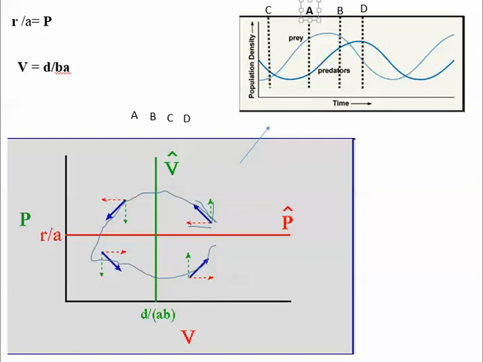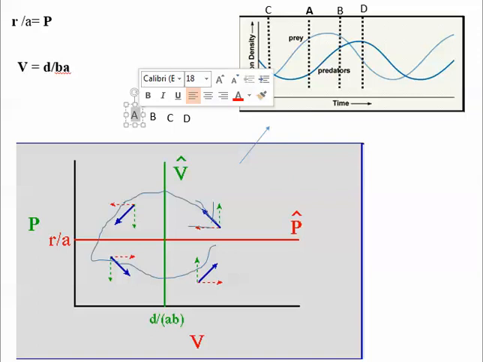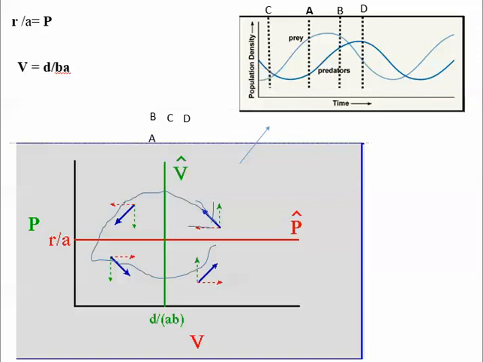In order for predator populations to increase, the prey populations have to be relatively high, so it has to be over on this right-hand side of the graph. And in order for prey populations to increase, the predator populations have to remain relatively low, so it has to be down in this corner of the graph. And in fact, when we look down in this corner, we see that prey populations and predator populations, the green arrows and red arrows, are both increasing.